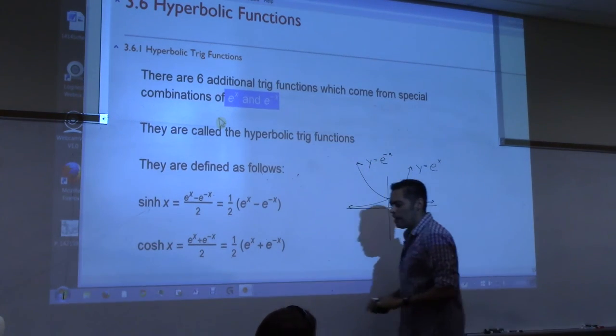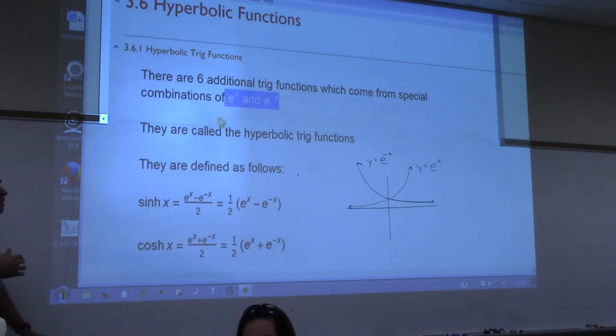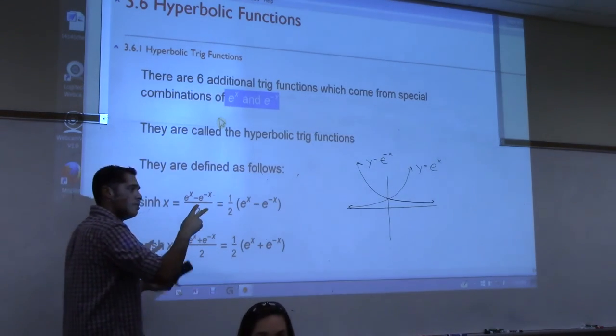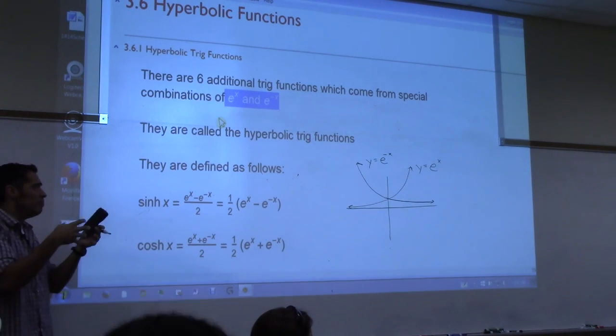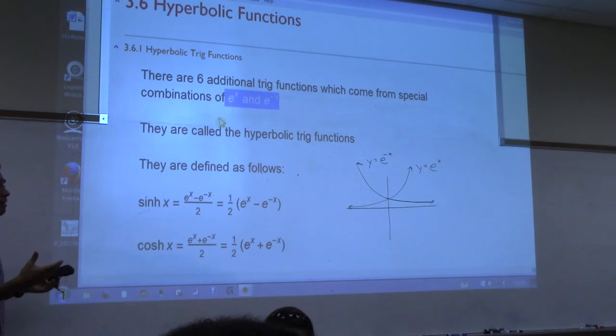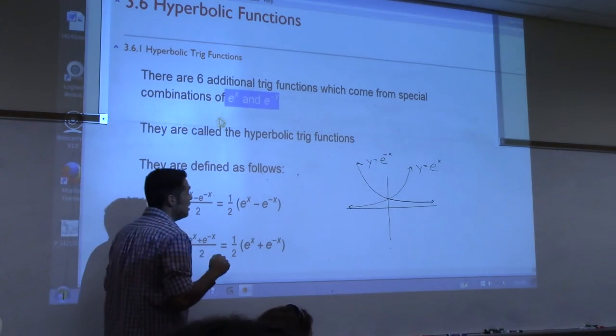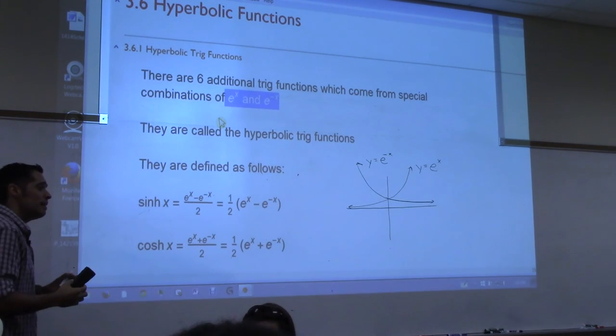And so it turns out that in different branches of science, these two functions a lot of times come together in one. We combine them into one function and use them a lot. Because of that special combination of those two functions, we actually have definitions for certain ways of combining them together.